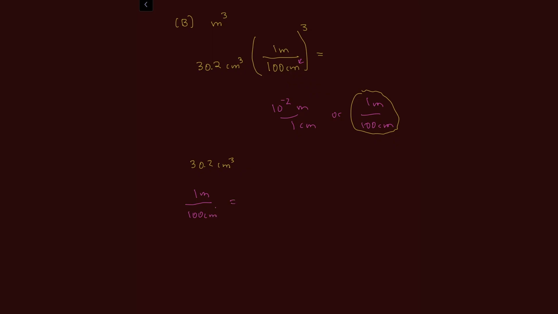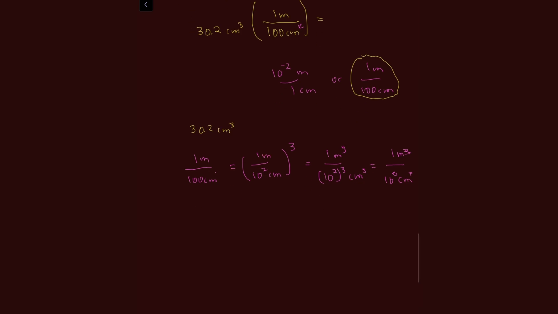So this is basically saying 1 meter times 10 squared centimeters, and then we're cubing it, so it's the same as 1 meter cubed times 10 squared cubed centimeters cubed, which is the same as 1 meter cubed times 10 to the 6 centimeters cubed. Because remember, when you put an exponent to an exponent, you multiply the exponents.